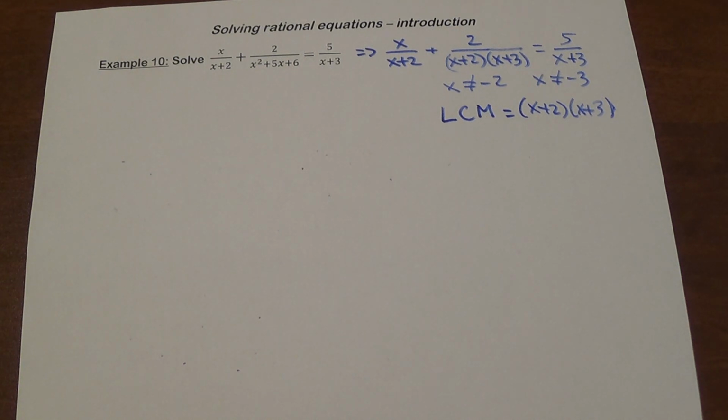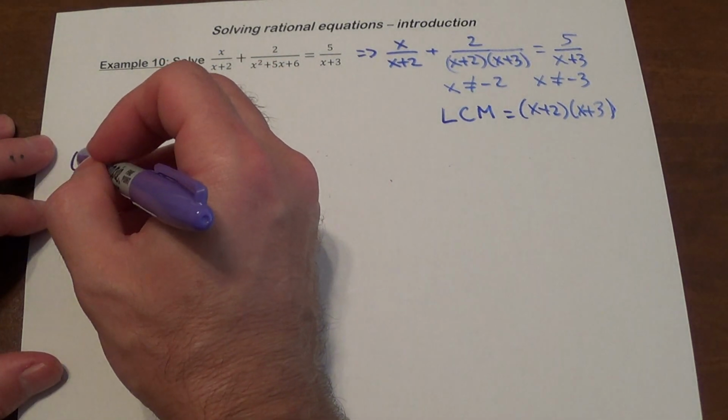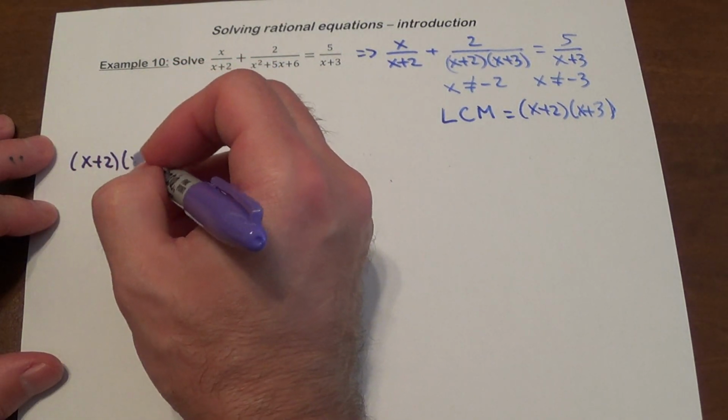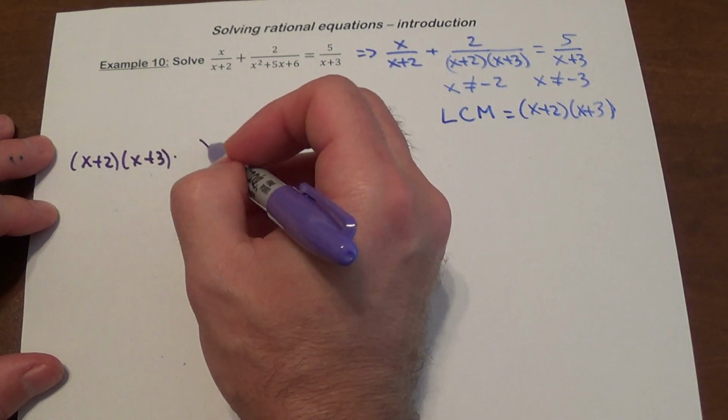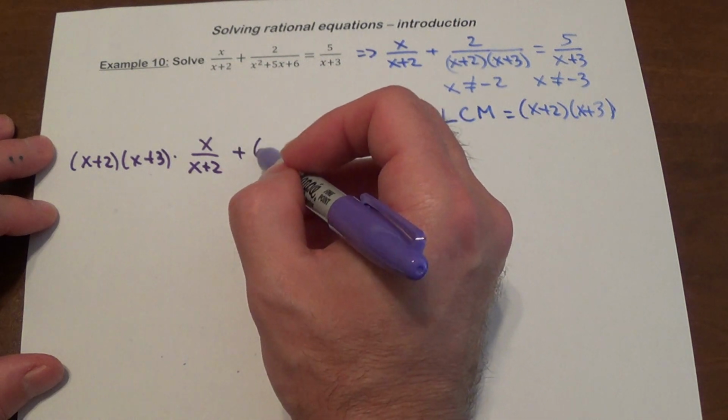So we're going to multiply everything by that. And it's going to get pretty long at first. Do not be intimidated by that, because things should cancel if everything is done correctly.